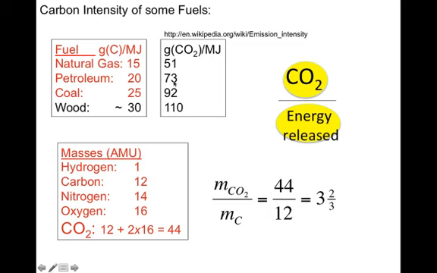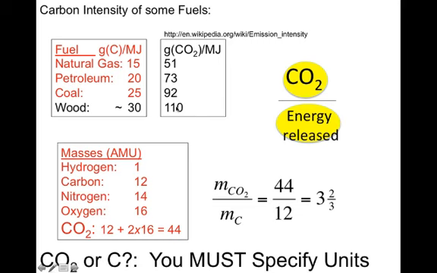So 51, 73, 92, and 110. And so you ask yourself, well, when I say carbon intensity, what do you use? Do you use grams of carbon or do you use grams of CO2? You have to specify, because people use those terms interchangeably. So if someone says our carbon intensity is 60 grams per megajoule, you have to ask, is that 60 grams of carbon or 60 grams of carbon dioxide?